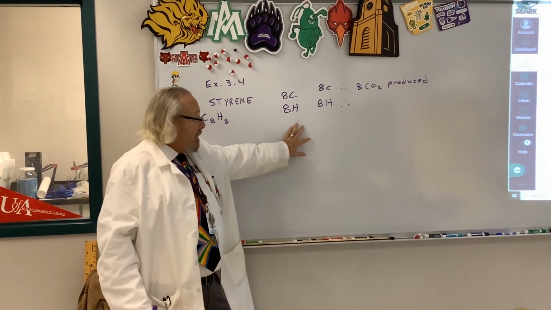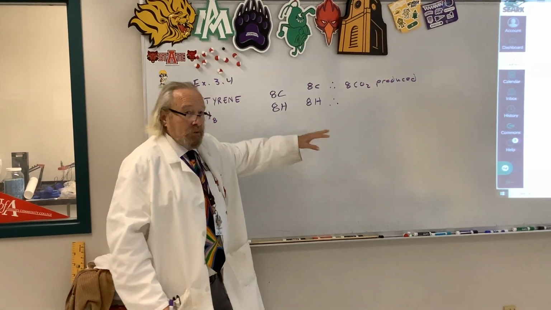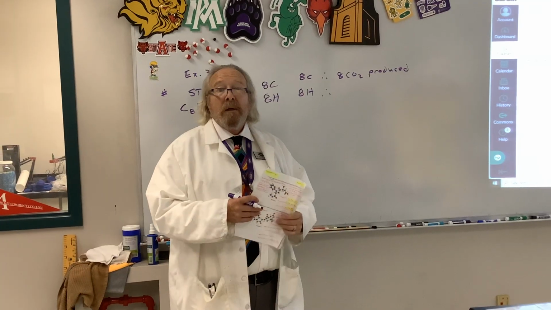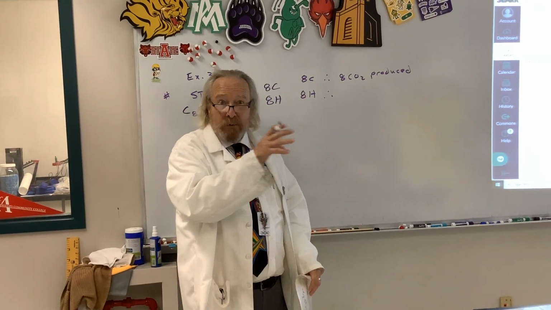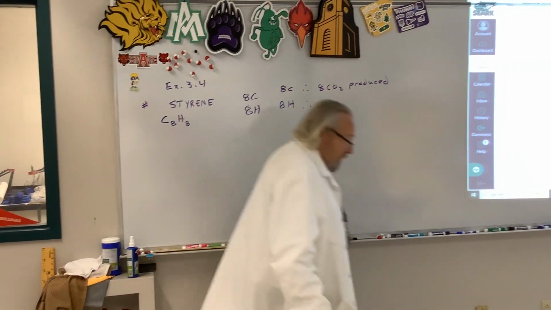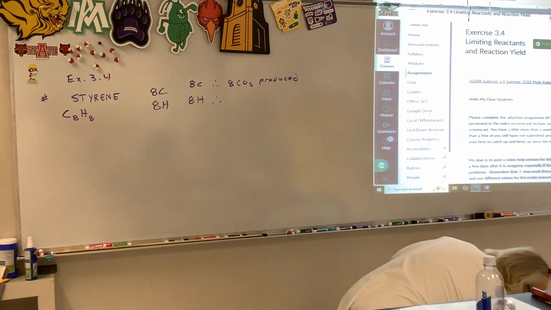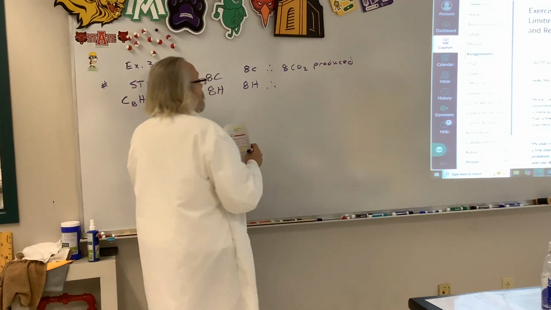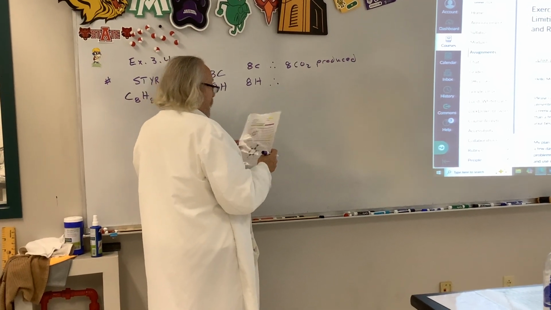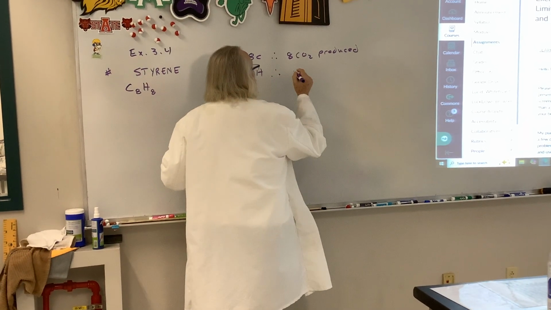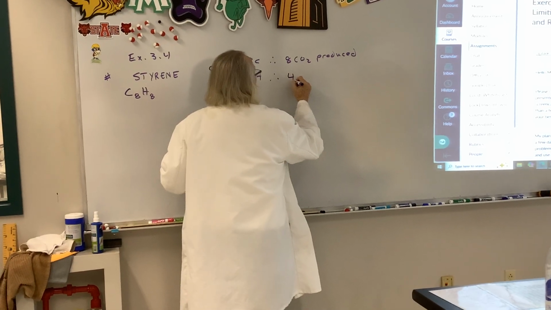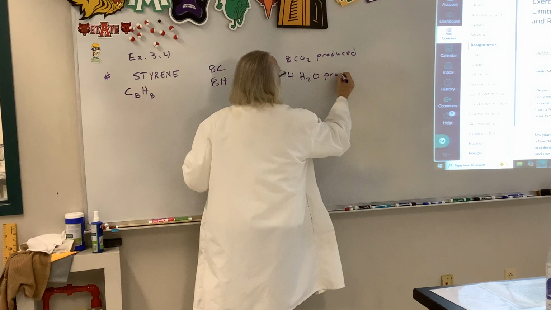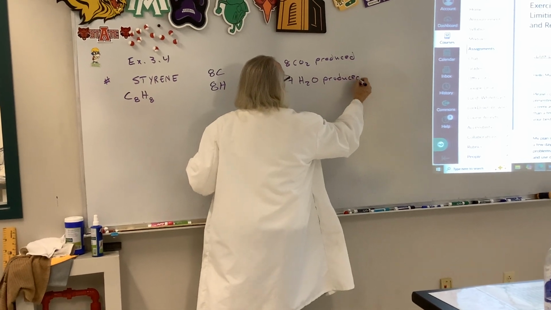But when I convert this hydrogen to a product I can measure, water, and it's easy to trap water, many hygroscopic compounds are available that latch on to the water and change their mass in a measurable way. Because there's 2 hydrogens in water, I'm going to make 4 H2O. So 4 H2O are produced.